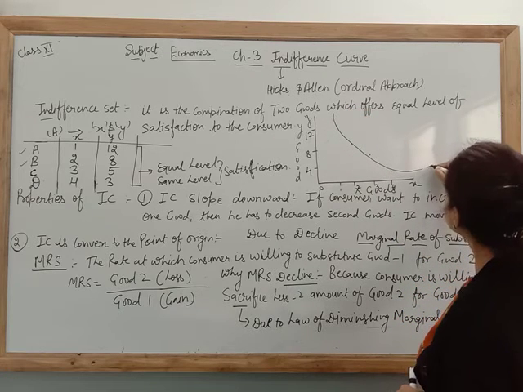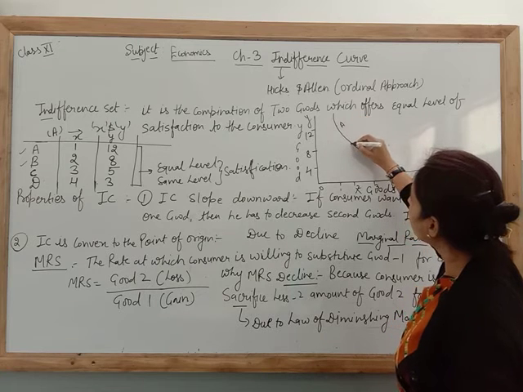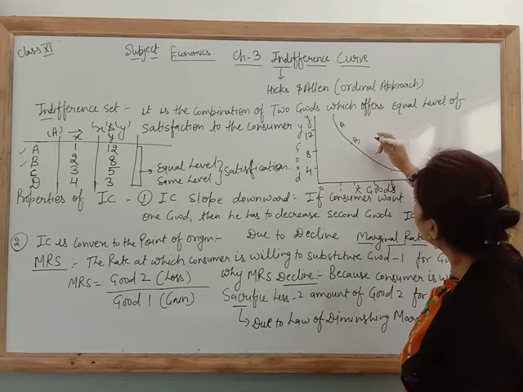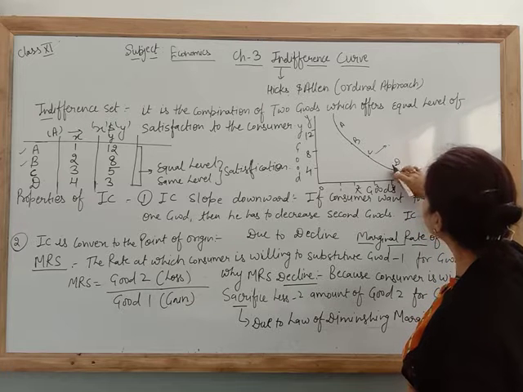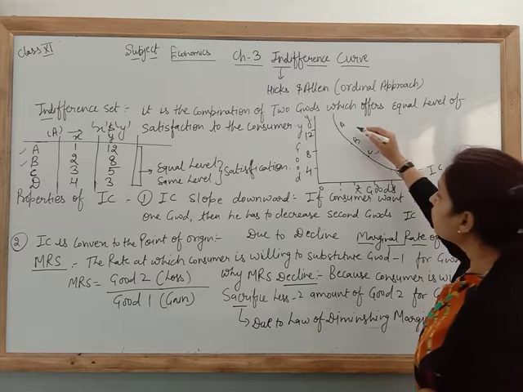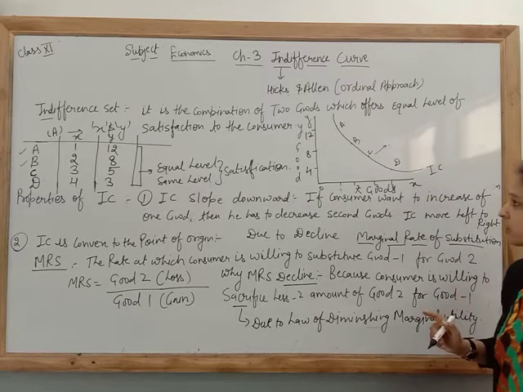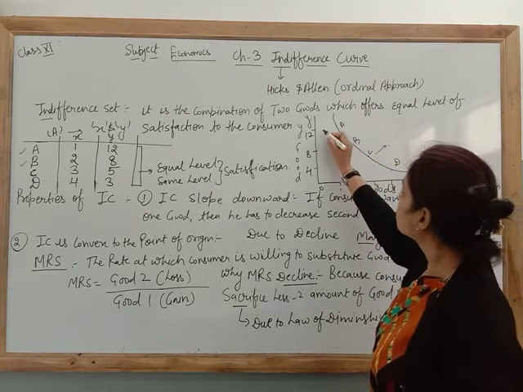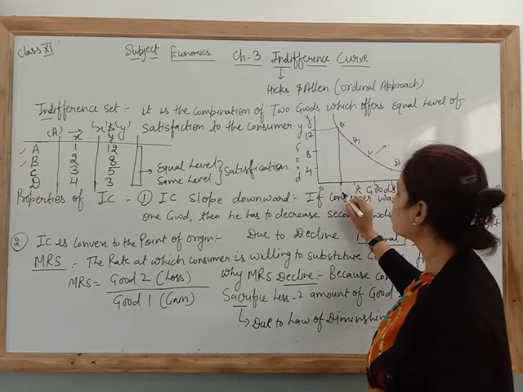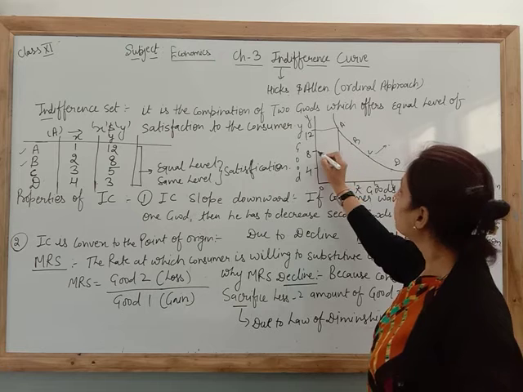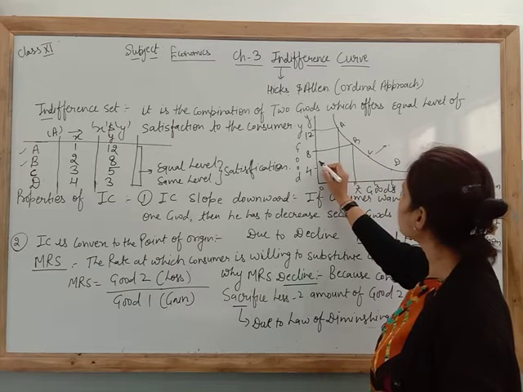This is known as the IC curve. These are known as combination A, B, C, and D. Every combination offers an equal level of satisfaction. Clear? If he selects the combination of 12 goods of x and 1 good of y, or this combination, he gets the same satisfaction.